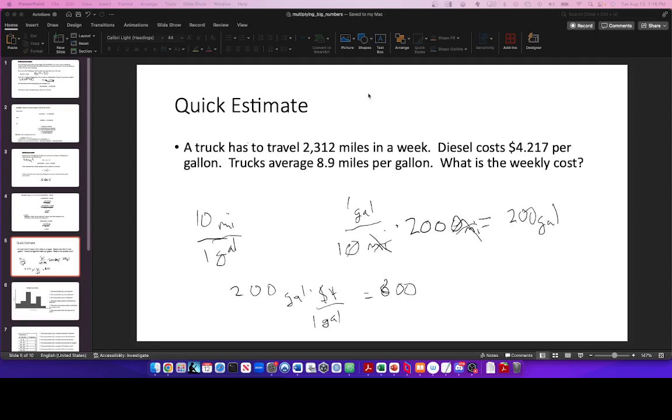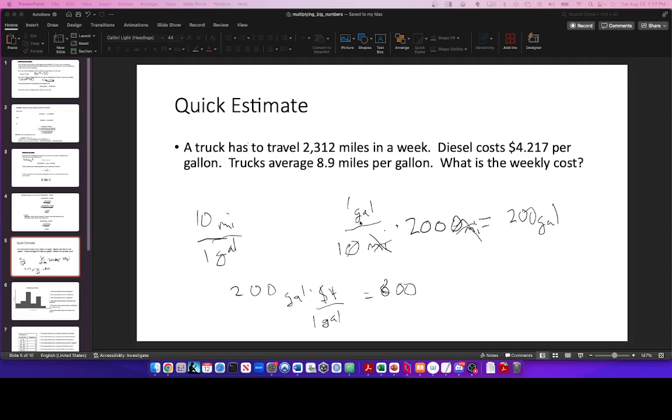Let's round this 8.9 miles per gallon. Let's say we can get a whole 10 miles per gallon. So this is a unit fraction. We'll talk more about that. But basically, we've taken our ratio here and averaged it a bit, or rounded it a bit. Now we're saying 10 miles. Every 10 miles of travel corresponds to 1 gallon of gas. We've written it as a fraction like this.